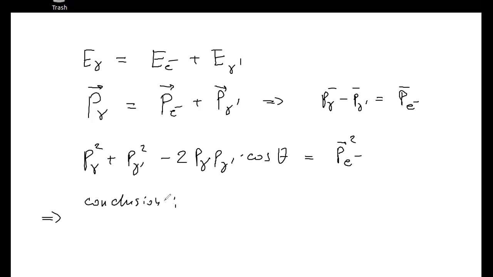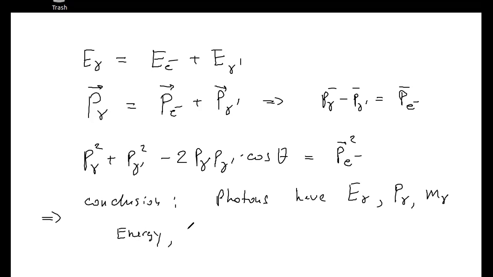We have to assign momentum to photons. They have energy, but we also have to assign momentum, and finally we can think about what the mass of the photon is. So energy, momentum, and finally mass.